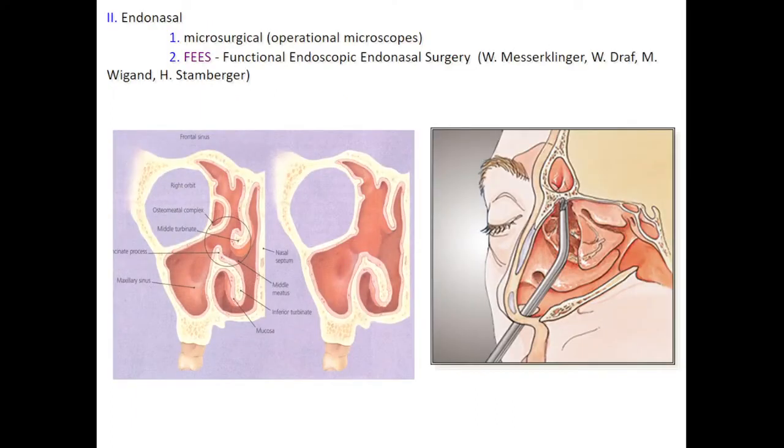It's microsurgical when operation microscopes are used, and functional endoscopic intranasal surgery. It's the gold standard for operation in nose and paranasal sinuses nowadays, because using the optic we may achieve almost any anatomical structures of nose and paranasal sinuses.